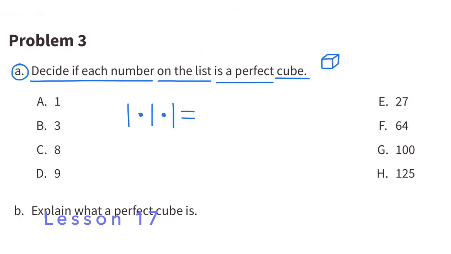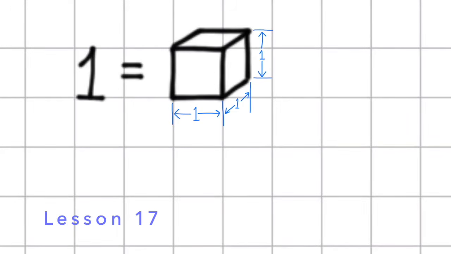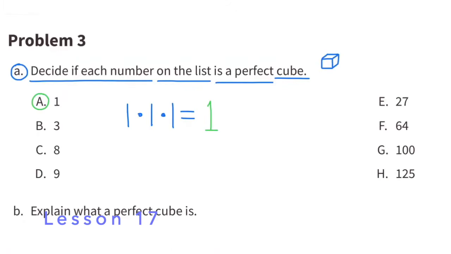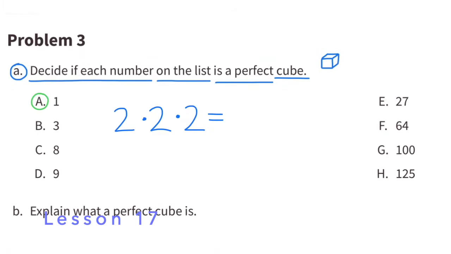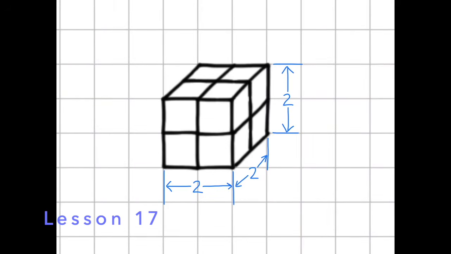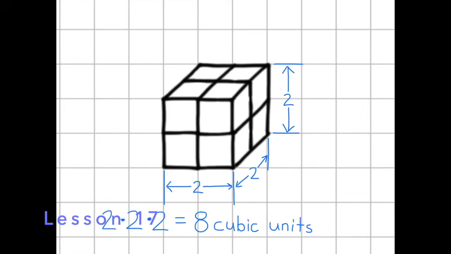A height of 1, a length of 1, and a width of 1 would be 1 times 1 times 1, and that equals 1 perfect cube. 1 cubic unit, or 1 unit to the third power. 2 times 2 times 2 equals 8, so C, 8, would be a perfect cube. This cube is 2 units wide, 2 units long, and 2 units tall. 2 times 2 times 2 equals 8 cubic units.